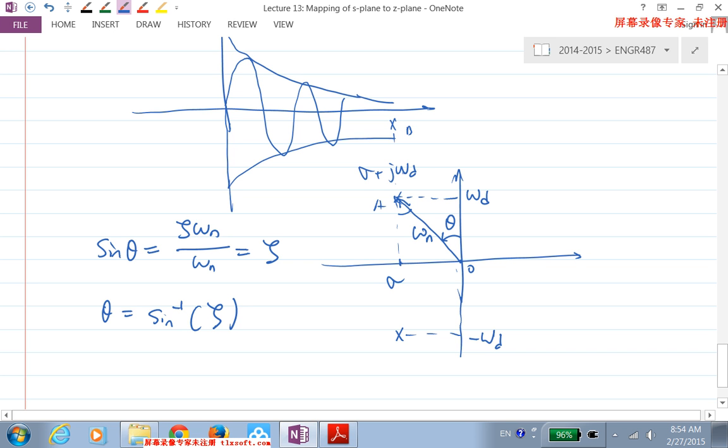Because theta at A is larger than theta at B, and zeta equals sine theta. Theta is always between 0 and 90 degrees. So your A location will have a faster decay rate than B. But if A and B are separated by one sampling frequency, when you map to the same location in the Z plane, they're actually the same.